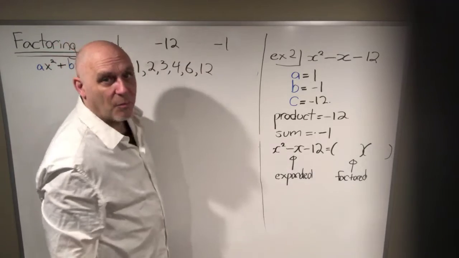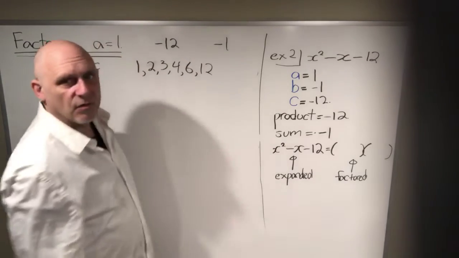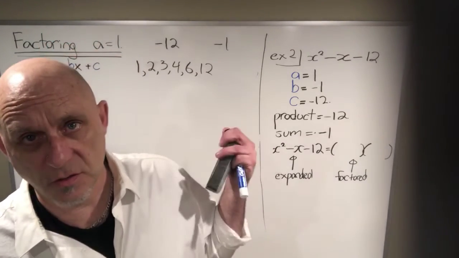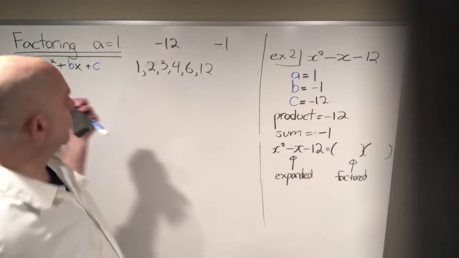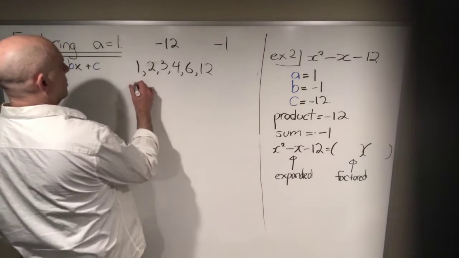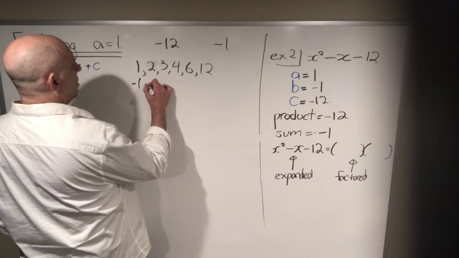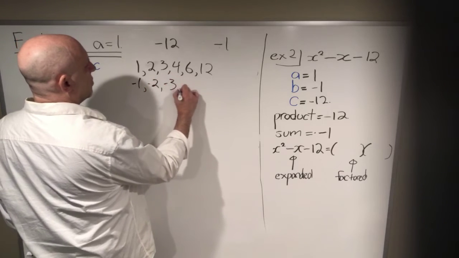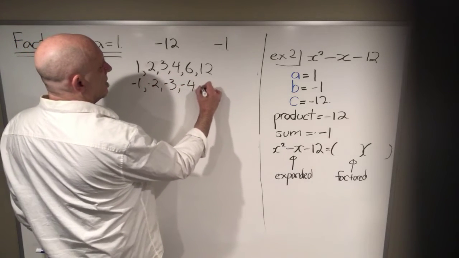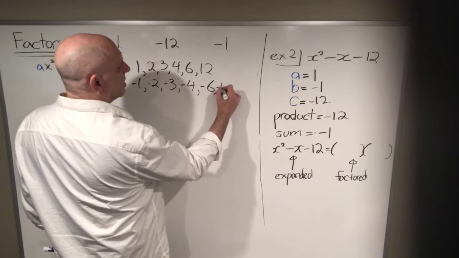That's it. But this is a negative 12. So we're not only talking about the positive factors, we want the negative ones too. So negative 1, negative 2, negative 3, negative 4, negative 6, negative 12.